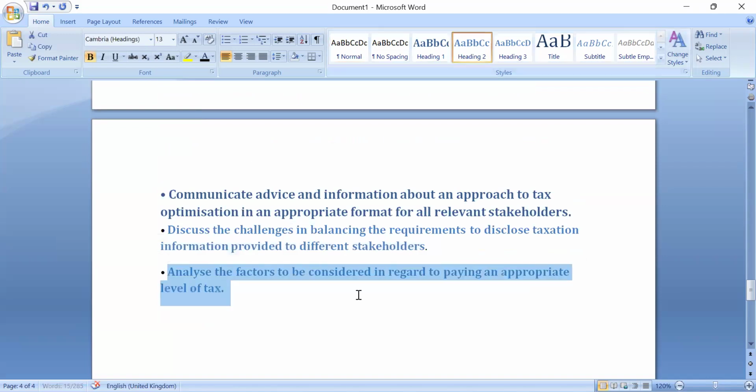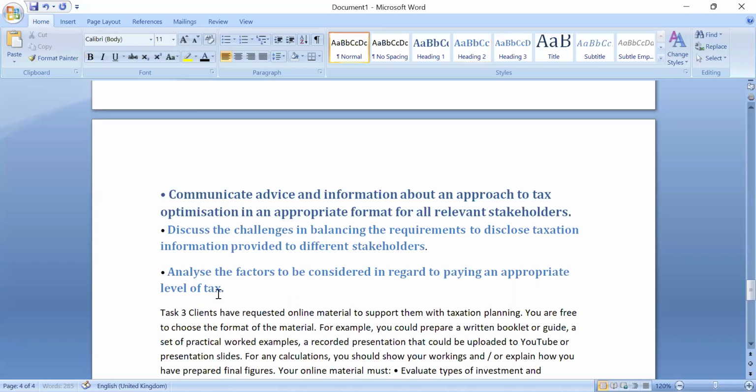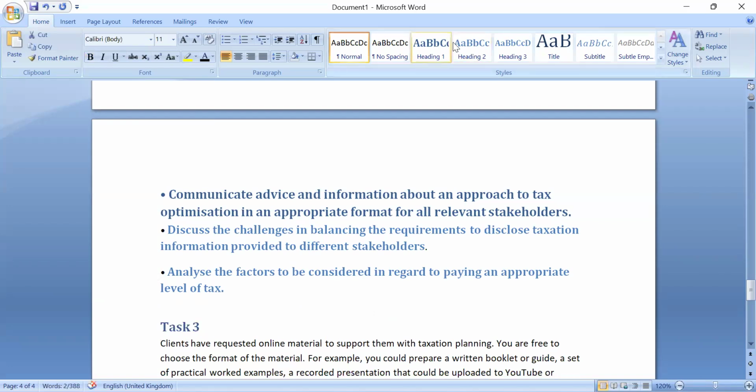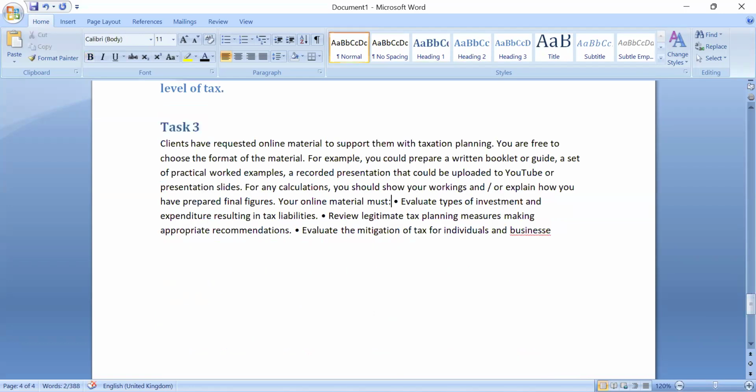And underneath, of course, you're writing examples. That's absolutely fine. And then we have task three. So we can go through task three. Please, you've been given all the guidance in the assignment brief as well, and the sample assignment. So I can say this is my task three, and I'm addressing it later on.